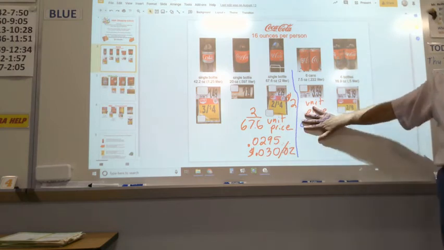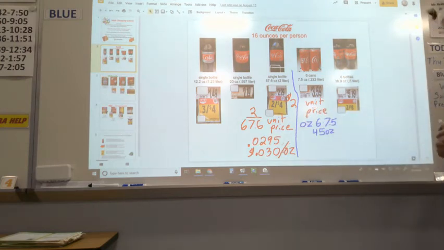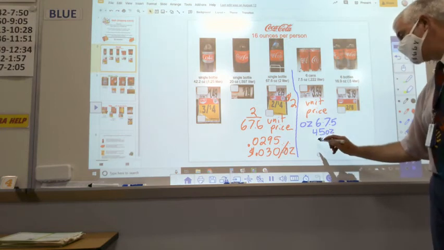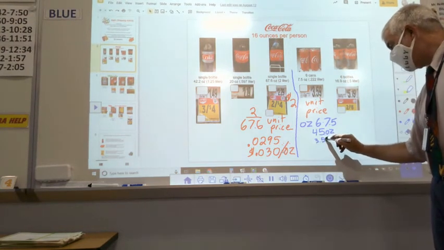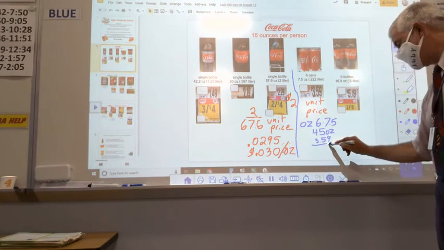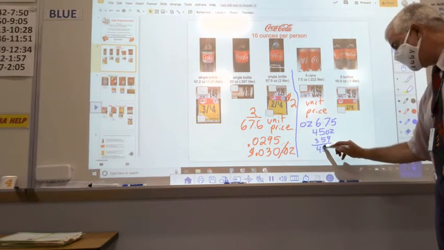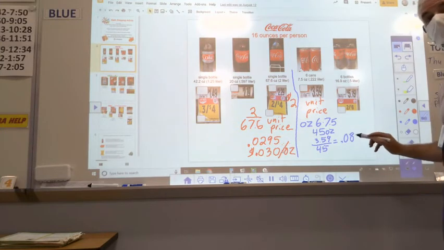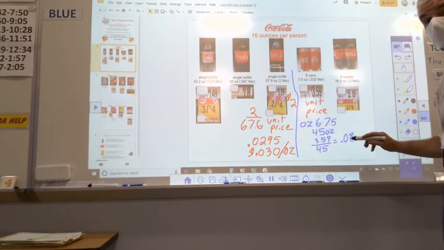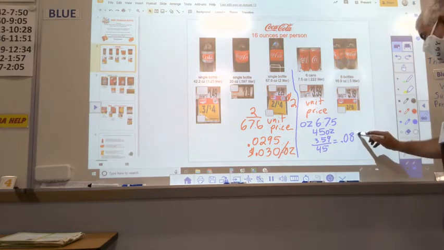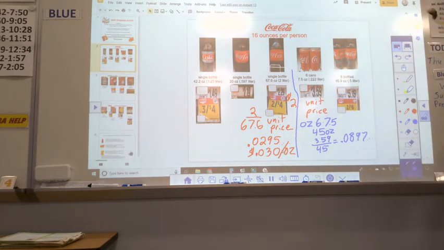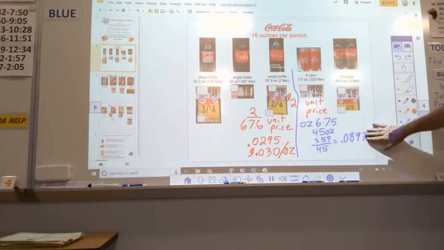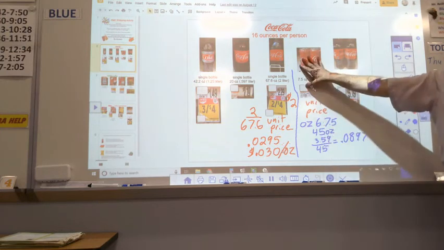Okay, what is the unit price for this one? So $3.59, the dollars, divided by the number of ounces, and you get 0.0797, and the decimal keeps going, okay? So I can round this one off to the nearest penny. How many cents per ounce is this 6-pack?